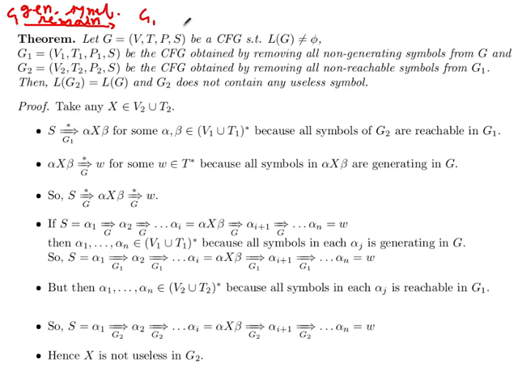Okay, and from G1 you are again going to this G2, where you are removing all the non-reachable symbols from G1.